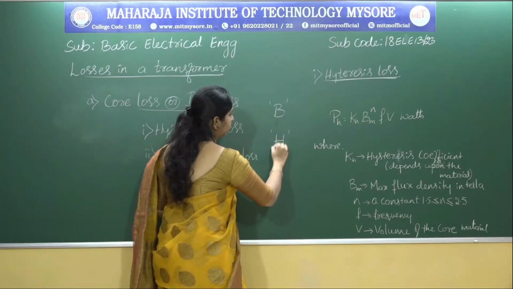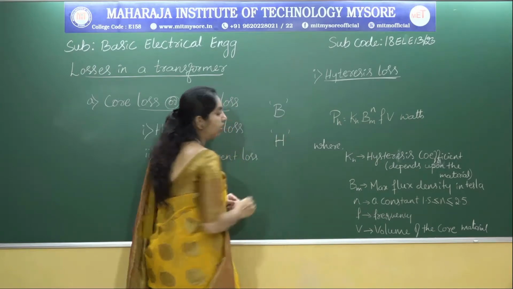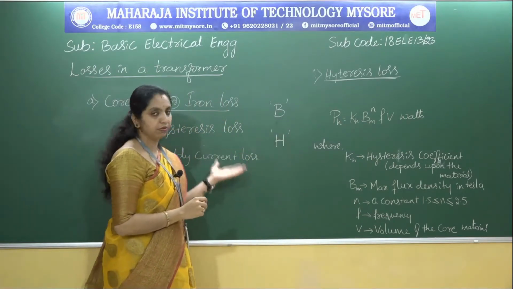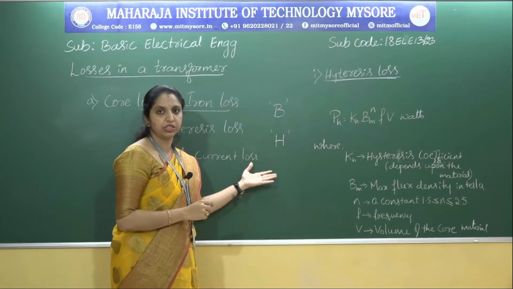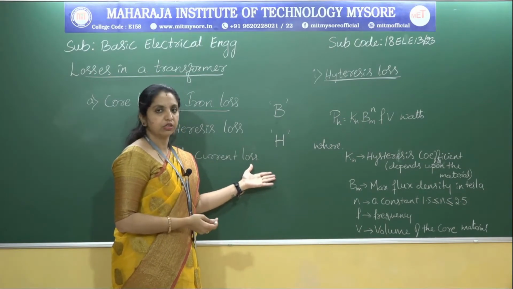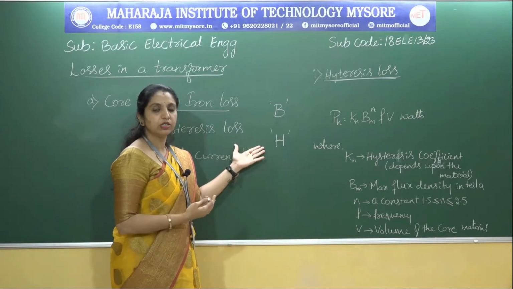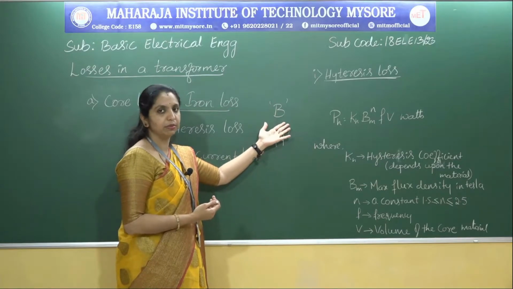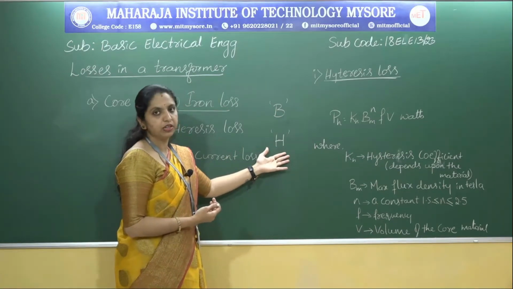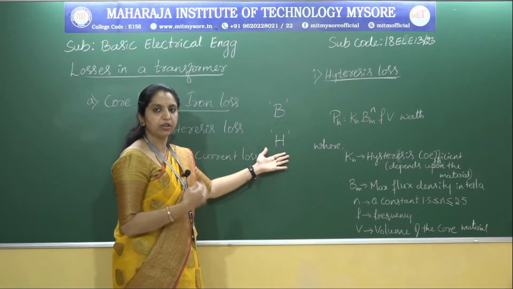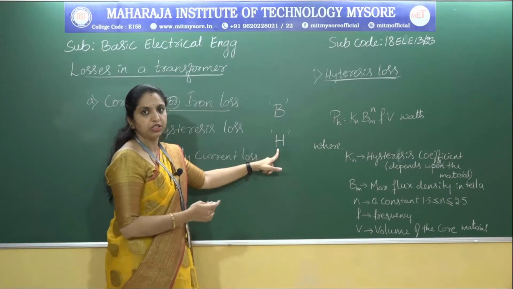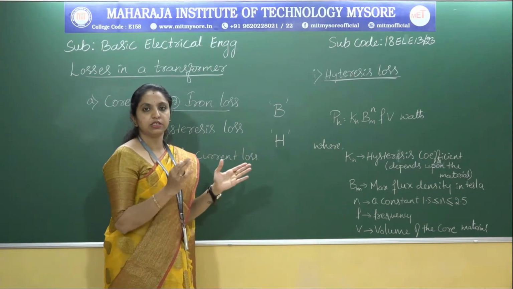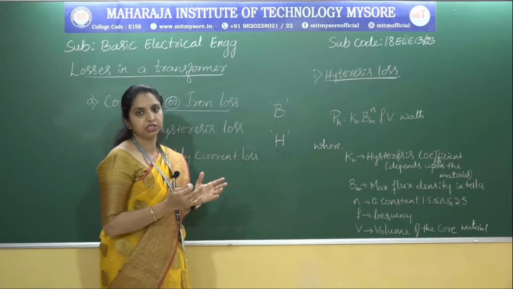You might already have learnt the concepts of flux density, field strength H and magnetic flux. Due to this, there is a tendency of the flux density to lag behind the magnetic field strength H. This tendency is nothing but hysteresis.